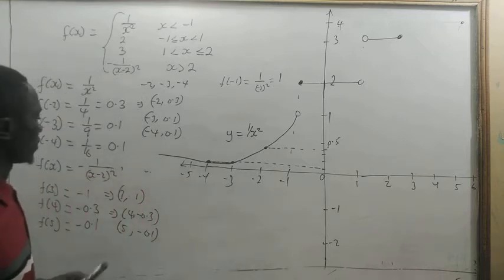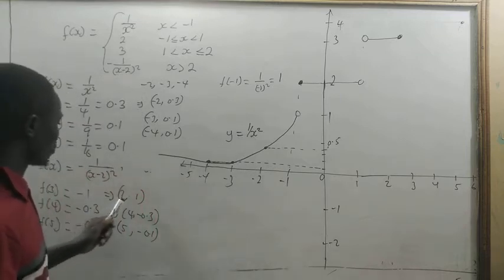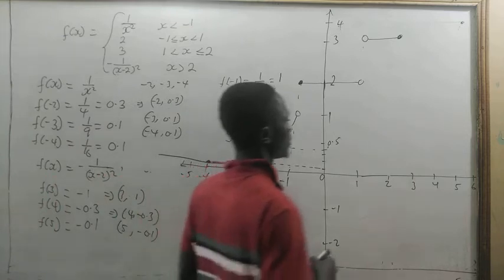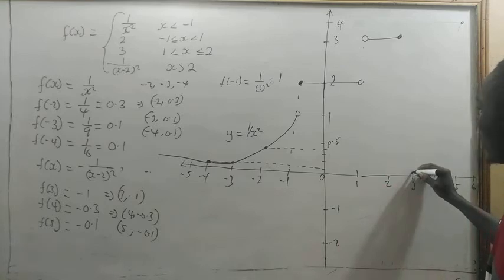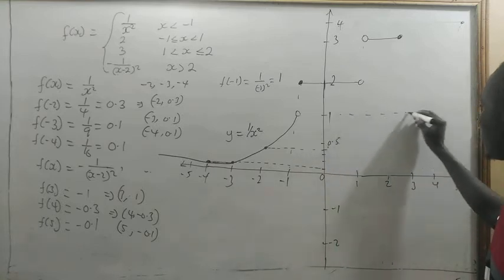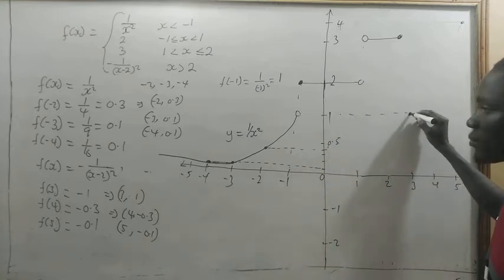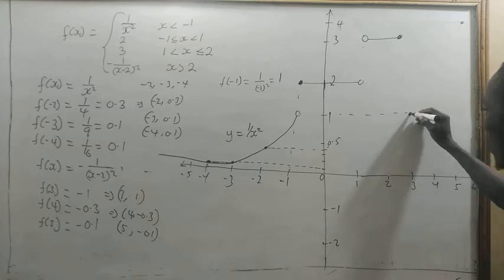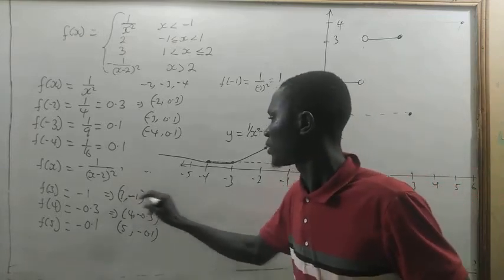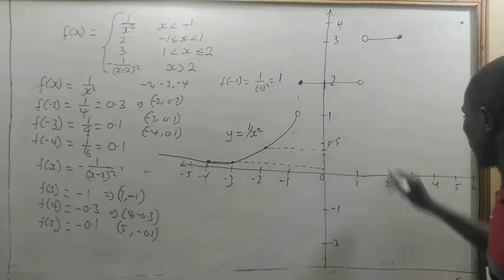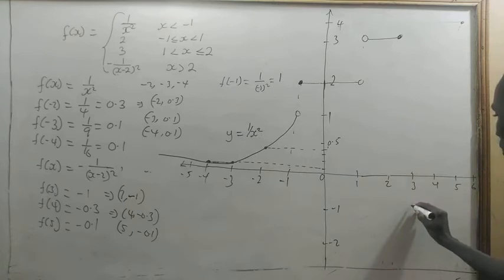Okay. Now it has left with this one. You plot 3 and negative 1.